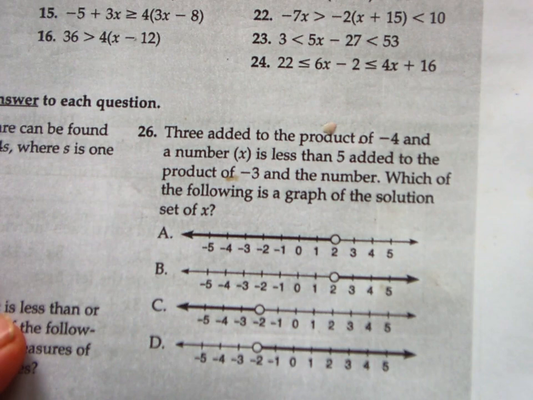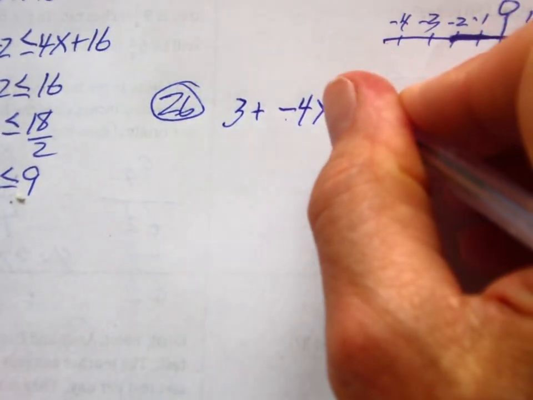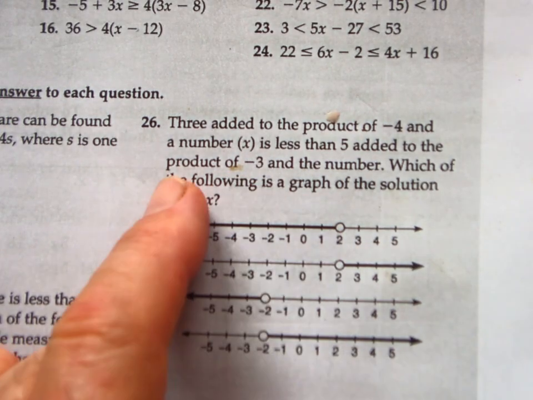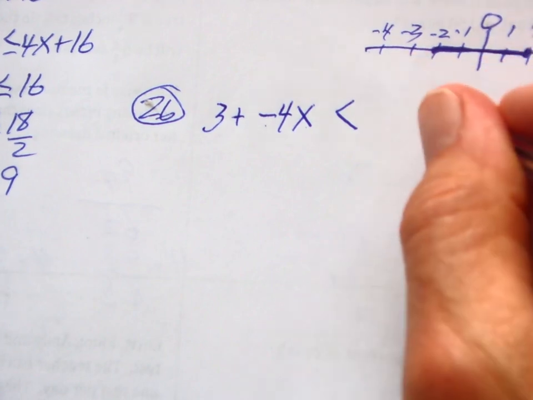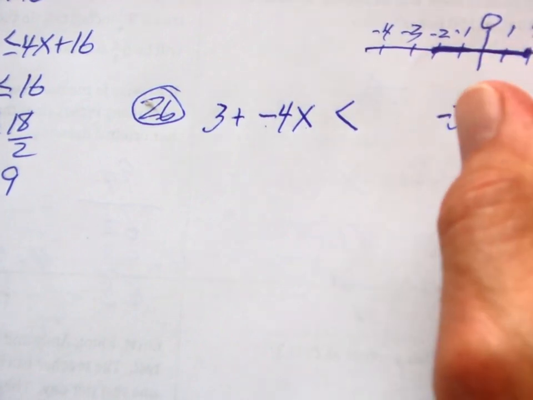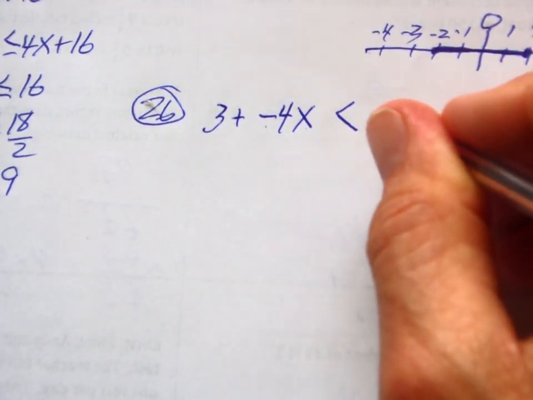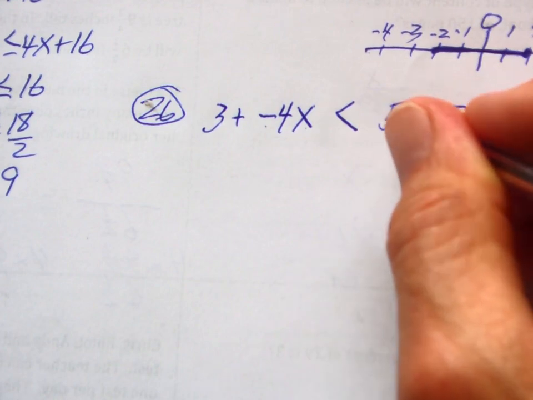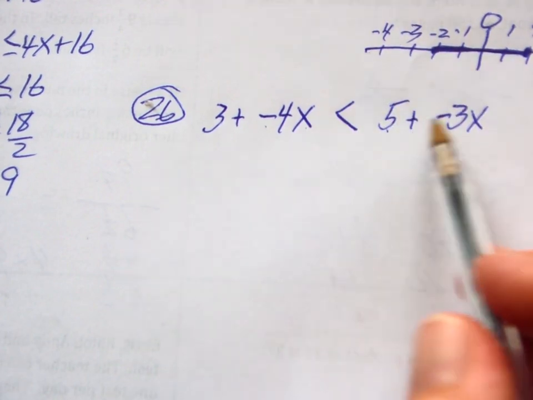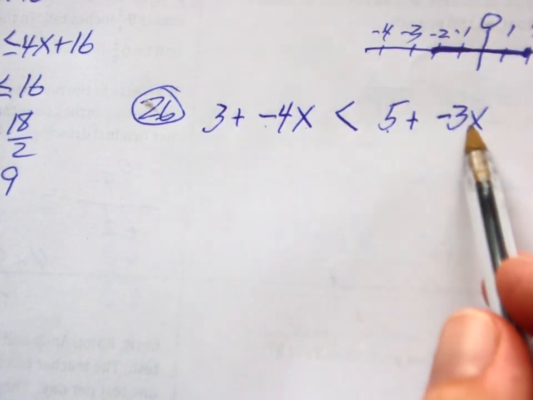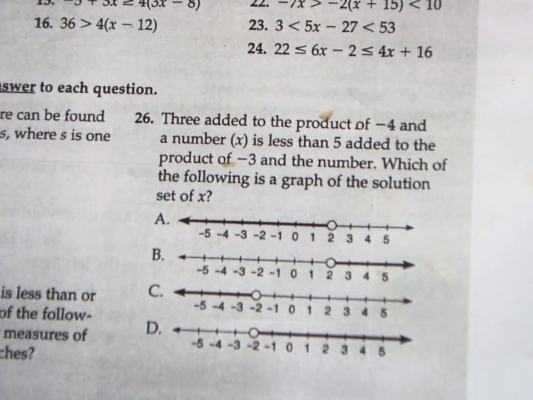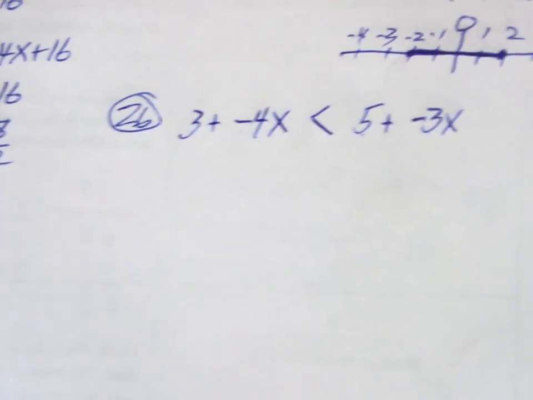Is less than 5 added to the product of -3 and the number. The product is -3x, and you're adding 5 to it. Okay, so we've got to solve this.